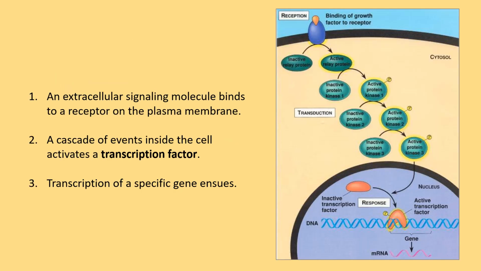We can use this diagram to examine one type of transcription factor. And this transcription factor is created inside the cell when the cell receives a message from its external environment. So this is leading us toward mechanisms of cell signaling.